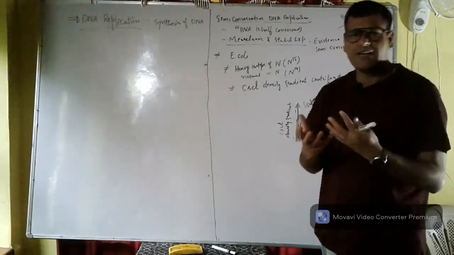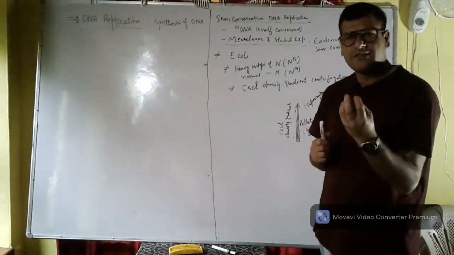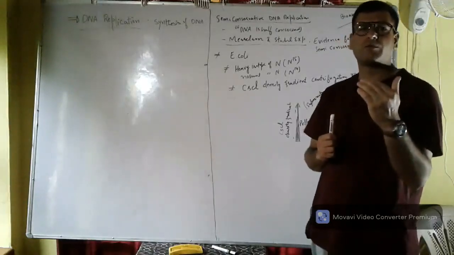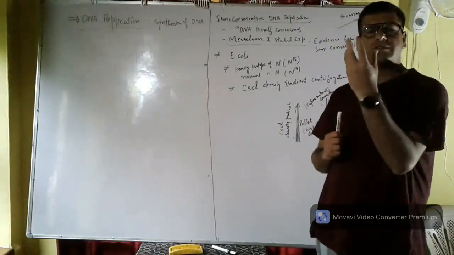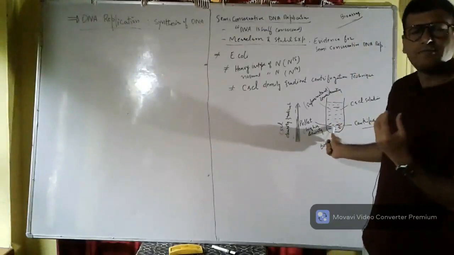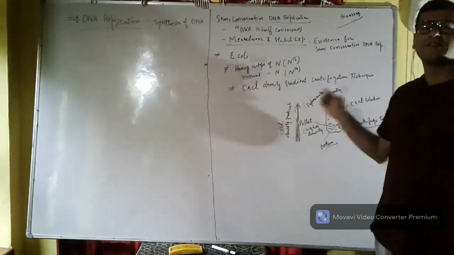That means DNA molecules with heavier densities will form a sort of gradient along with the cesium chloride solution. The heavier DNA molecules will be in the bottom, that is in the pellet, and the lighter DNA molecules will be in the upper part, that is in the supernatant.